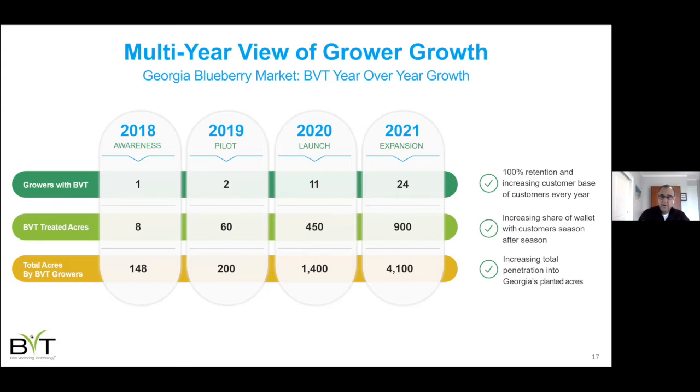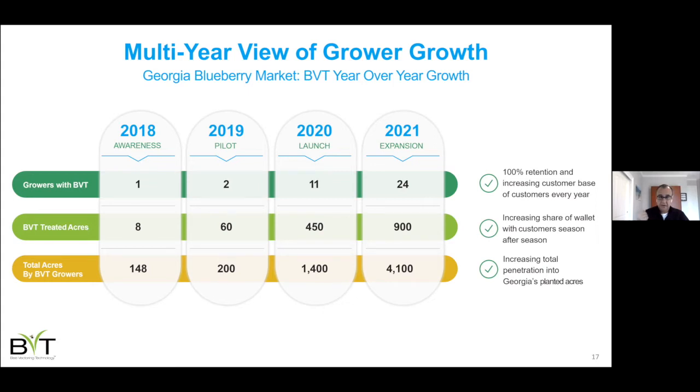Now, I want to make a quick comment about Georgia, because in the previous slide, you would have seen a number for Georgia being about 17,000 acres of blueberries. We believe that our true addressable market is closer to about 8,000 acres. The reason is that a lot of the blueberries grown in that 17,000 acre number, frankly, are wild blueberries that don't get pollinated.